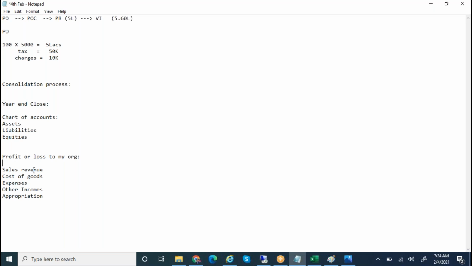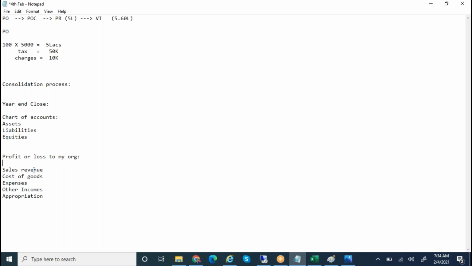At the end of the financial year, we need to arrive at the profit or loss, net profit or net loss. One is gross profit, gross loss, and another is net profit, net loss. Accountants do a lot of calculations.